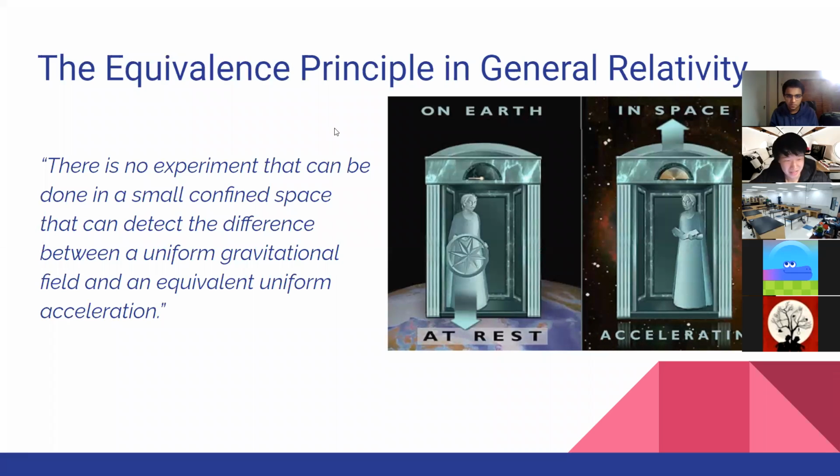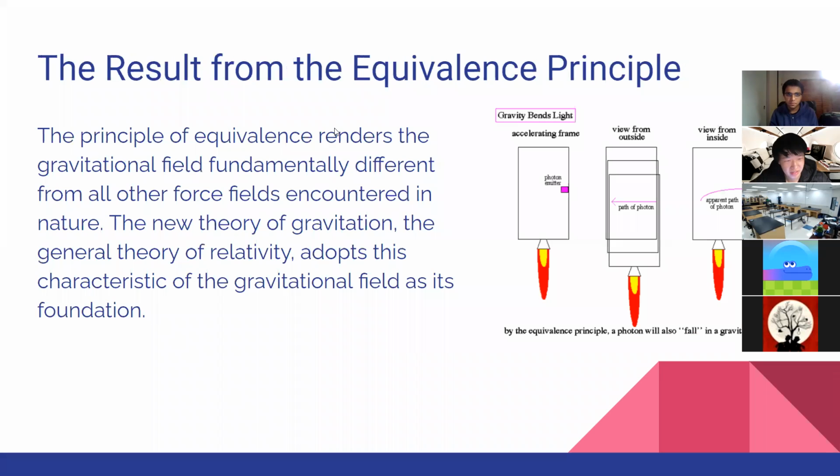Okay, let's move to the next slide. So let's talk about the result from the equivalence principle. In a small confined space, look at the picture on the right, a photon is emitted from one side. If the space is stationary, the line of the photon is going to be straight, right?